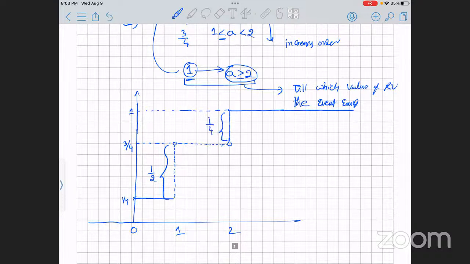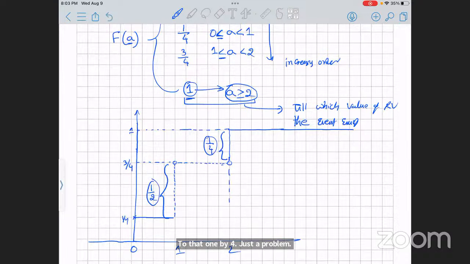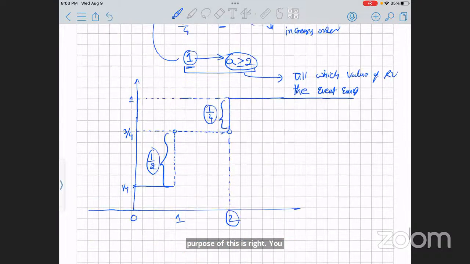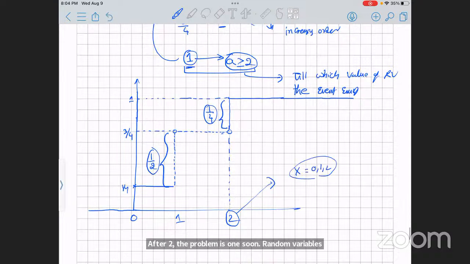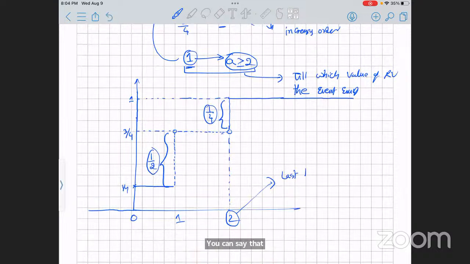The major purpose of this is that after 2, the probability is 1. So the random variable values possible are x equal to 0, 1, 2. You can say that the last random variable is 2. Clear, everyone? Yes, sir.